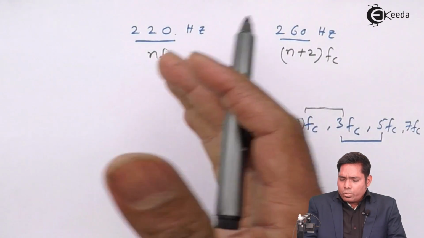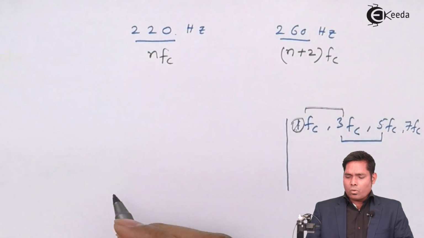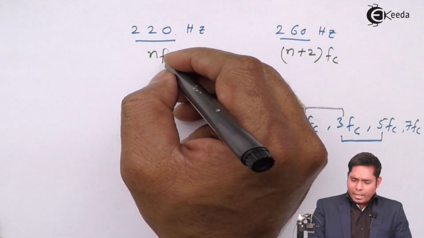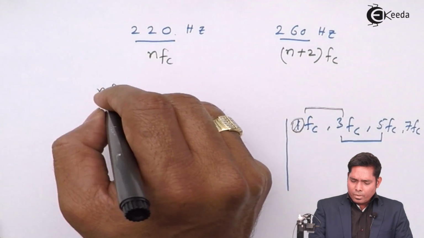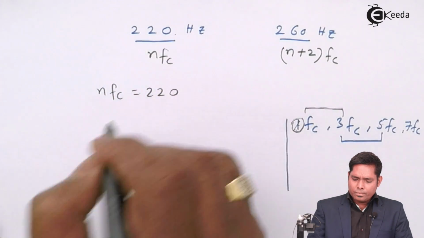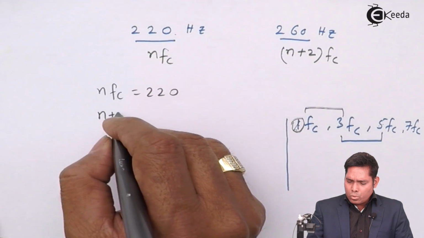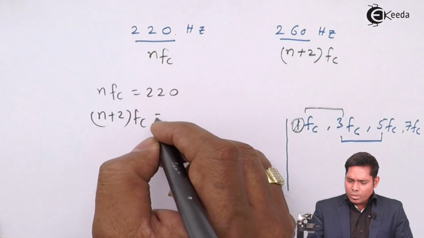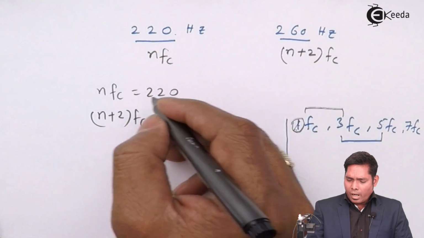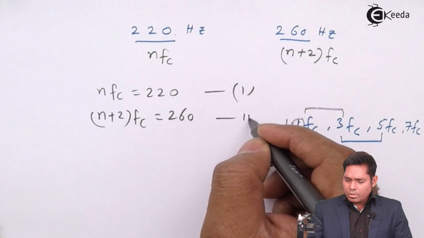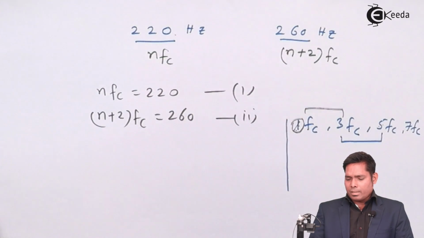So if I have these two equations, I can solve for that. I write nFc equals 220, and n plus 2 times Fc is 260. I divide these two equations, because Fc will cancel and I'll get the value of n, which is what we are interested in.